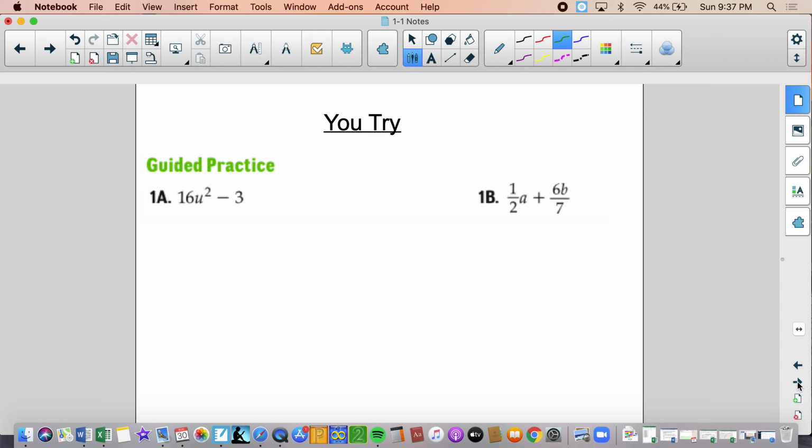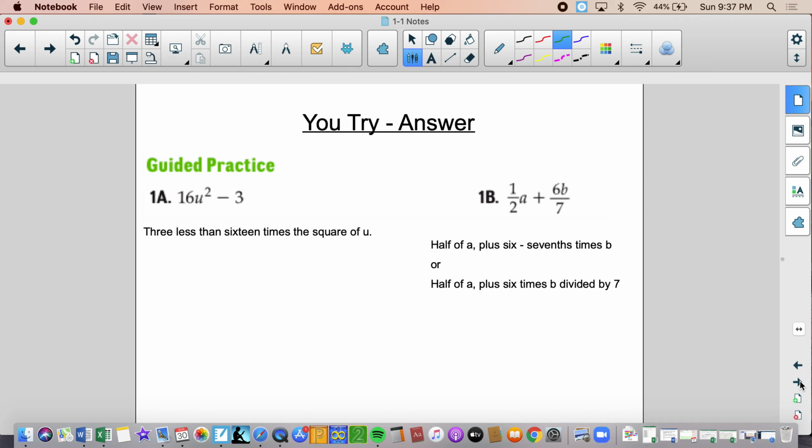So 1A, here's a tricky thing. Some of you would say 16 times u to the second minus 3. I'm okay with that. That's not a bad one. But the more correct one, because we don't use minus as much, is going to be 3 less than 16 times the square of u, or u to the 2nd power. There's a lot of different answers we could have for this one.